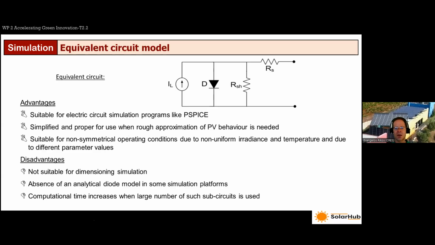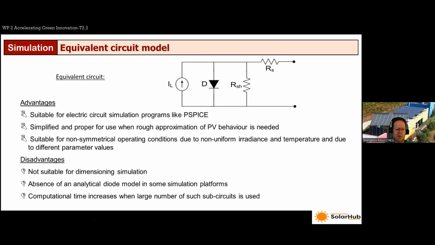It's the most widely used program for simulation of electric circuits. So yeah, one could resort to this approach here instead of using mathematical formulation in order to simulate a photovoltaic system.